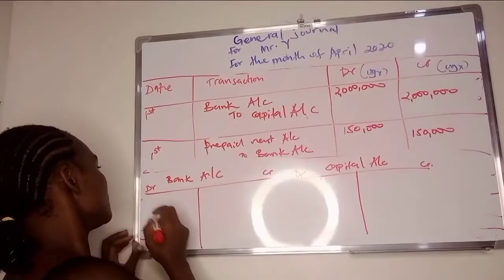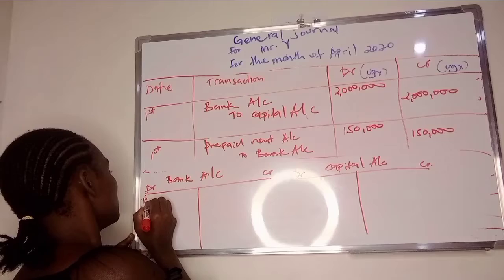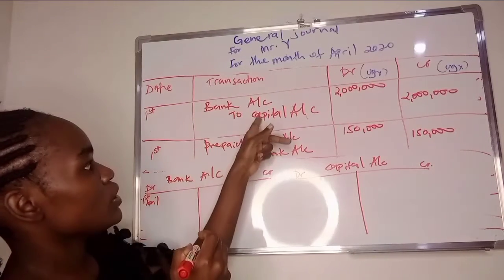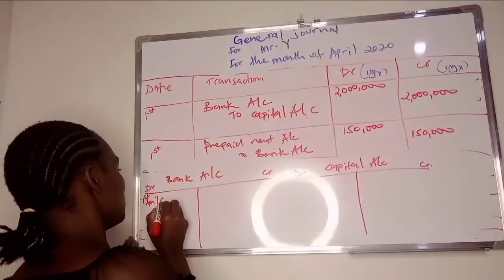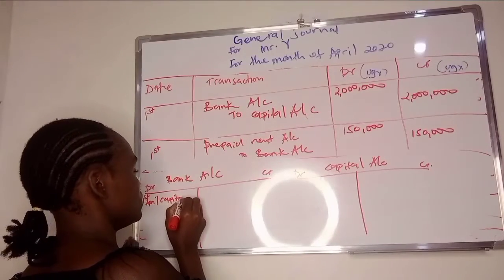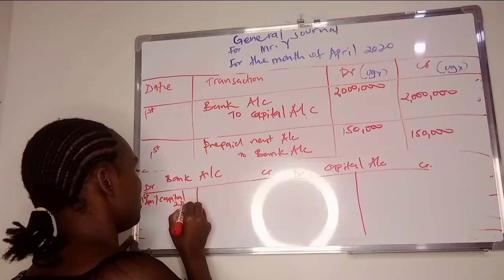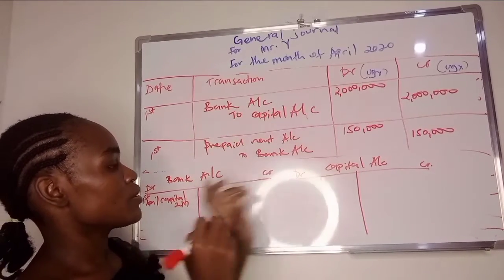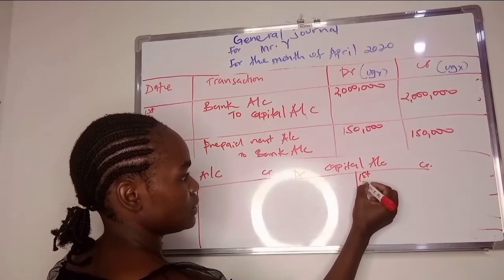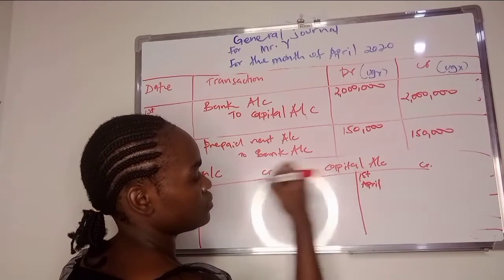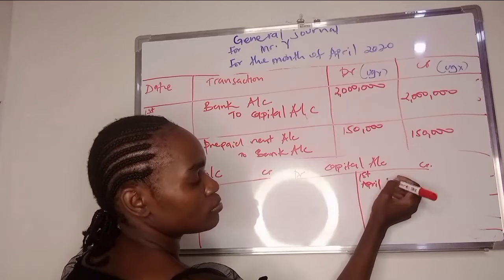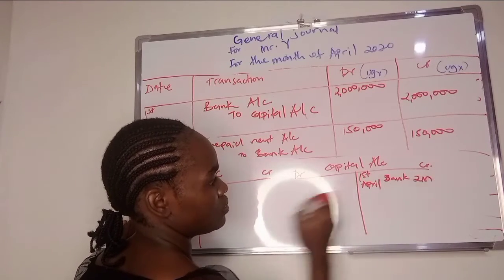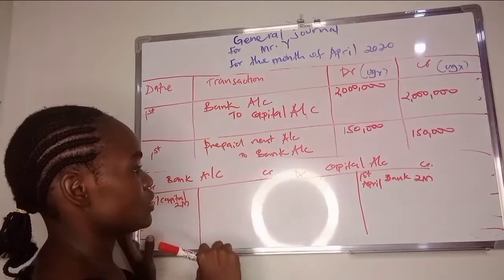On the debit side, you write first April, but you do not write bank, you write the opposite account, which is capital, and it is 2M. Then you go to the capital account. On the credit side, you write first April, you write bank, 2M.